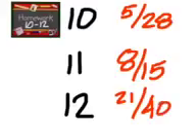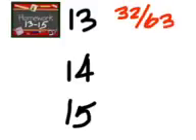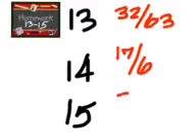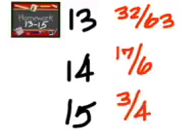Answers to 10, 11, and 12: 5 over 28, 8 over 15, 21 over 40. Answers to 13, 14, and 15 are 32 over 63, 17 over 6, 3 over 4.